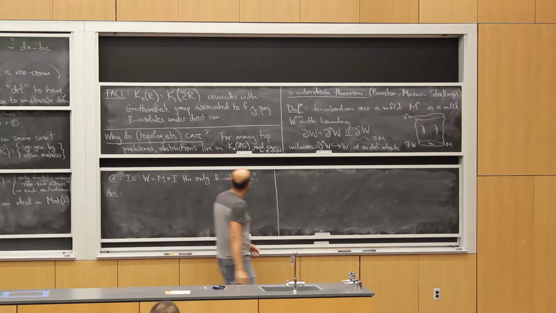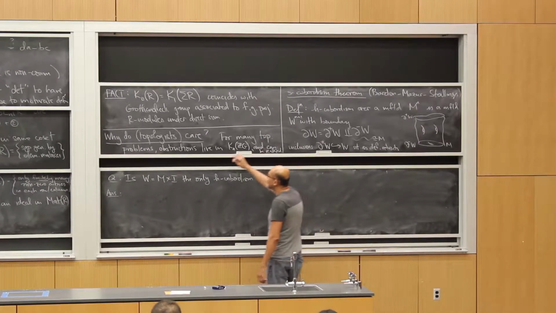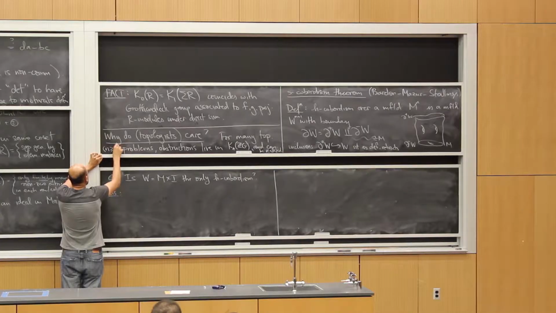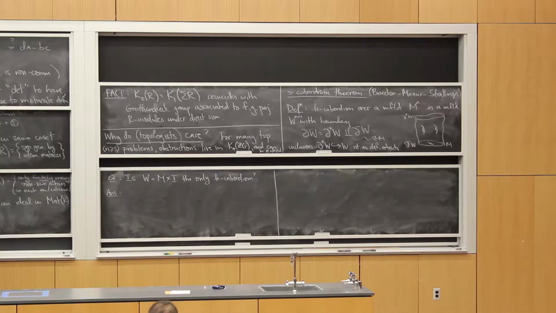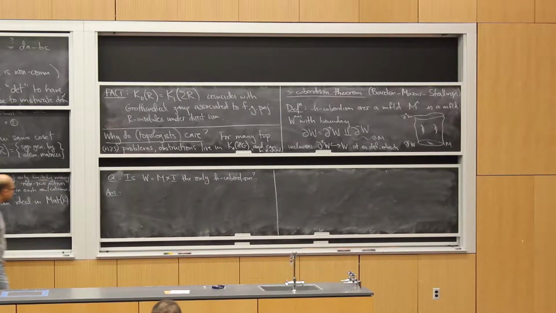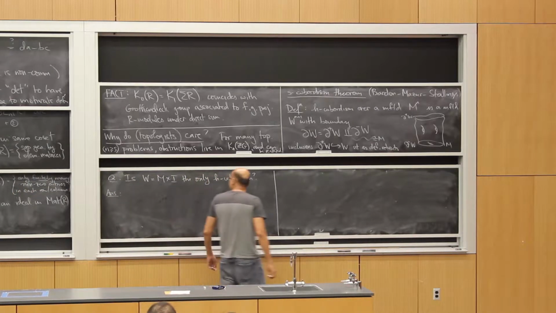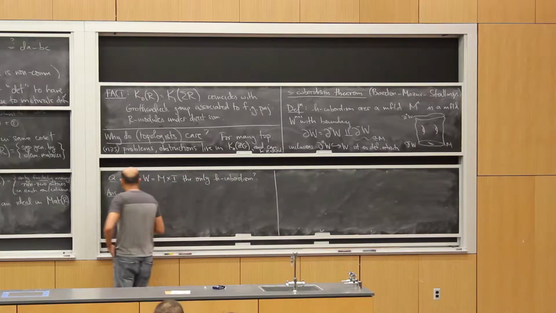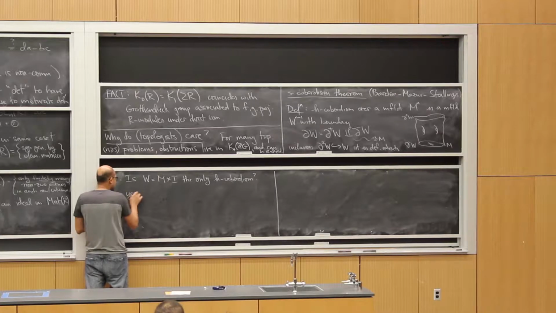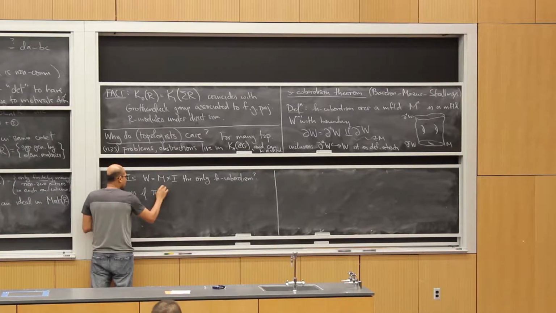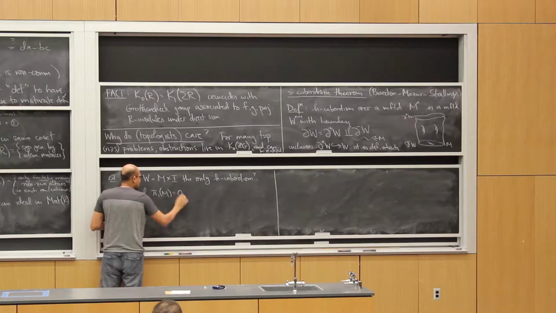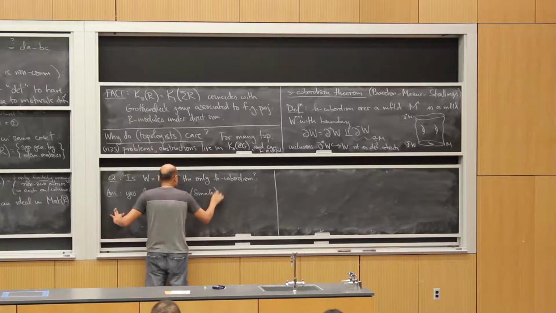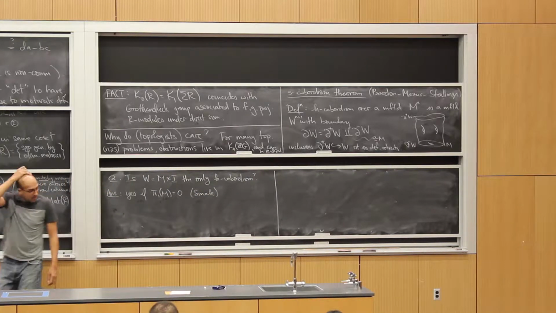I should specify that when I say topological problems, these are in high dimensions, at least 5. Low dimensional phenomena tend to behave very differently. But in high dimensions, the answer is yes if π₁ of M is trivial. This was Smale, and it was crucial in his proof of the Poincaré conjecture.